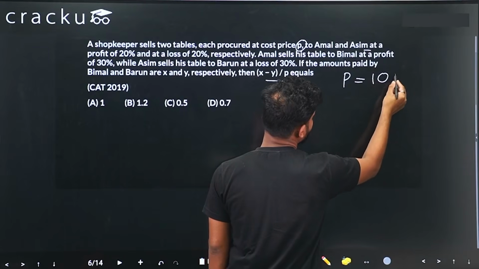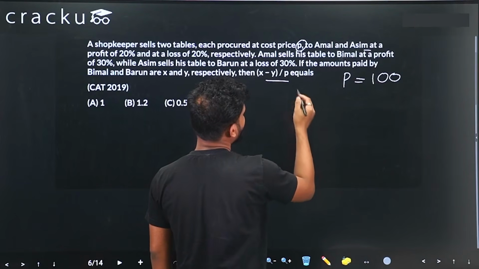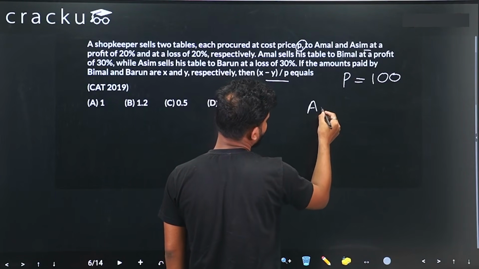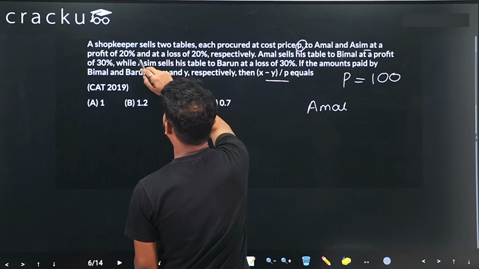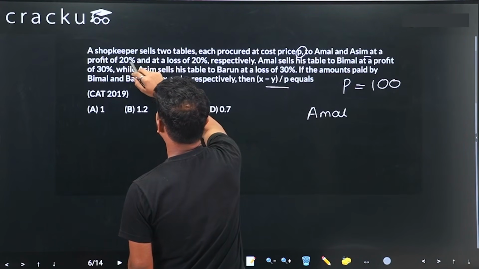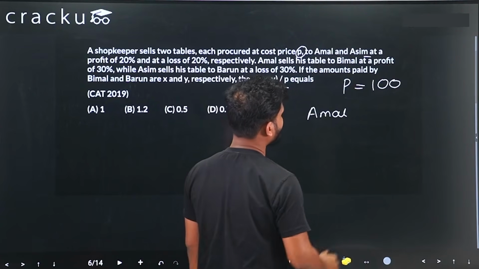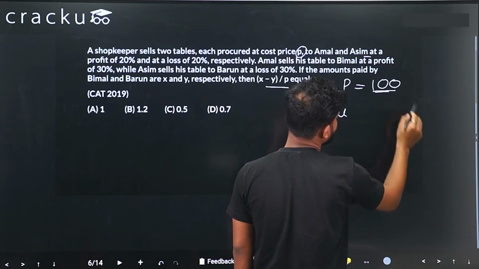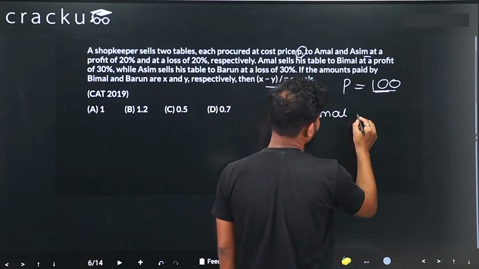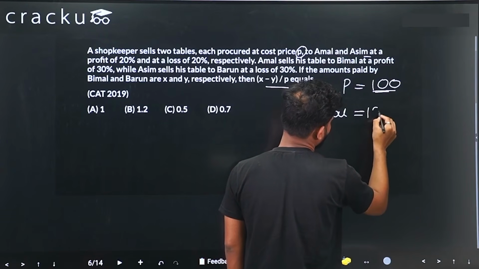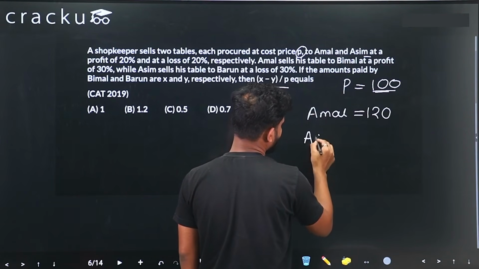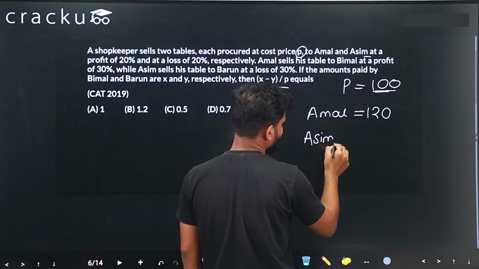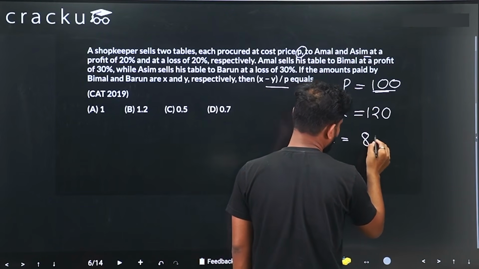If p is 100, at what price will Amal get it? Amal is getting it at 20% profit. So if the shopkeeper sold this at 20% profit, the price here will be 120. Similarly for Asim, it is 20% loss, so this will be 80.